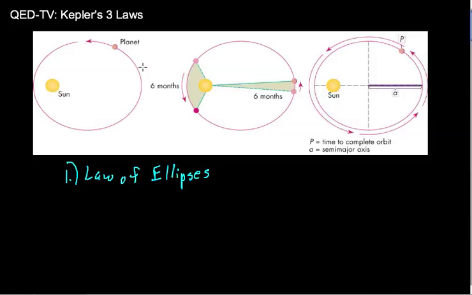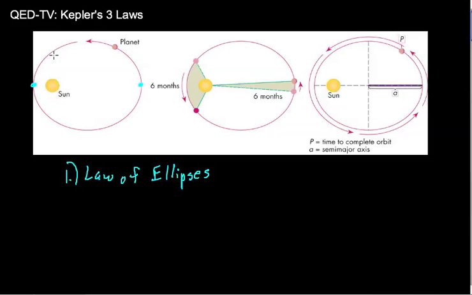As the planet goes around in this orbit around the ellipse, at some points the planet comes closer to the sun, like right here, and sometimes it's a little bit farther away from the sun.